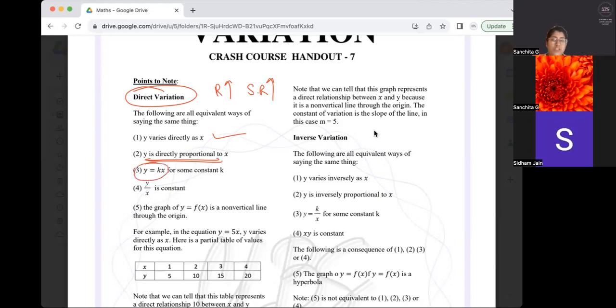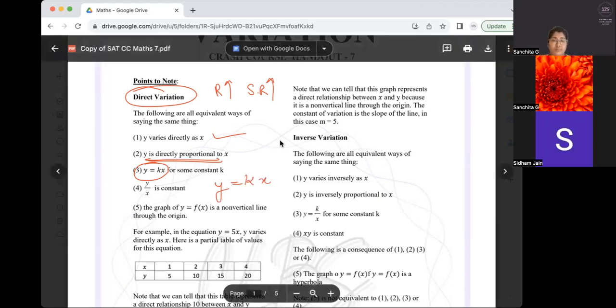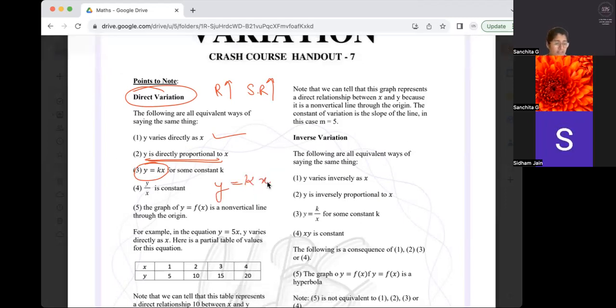The mathematical relationship is Y is equal to Kx. To maintain the equality, we have Y is equal to Kx, so if X increases, Y also increases. I've often seen students commit mistakes in getting the equation right.